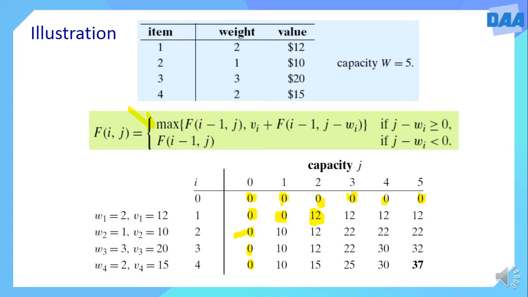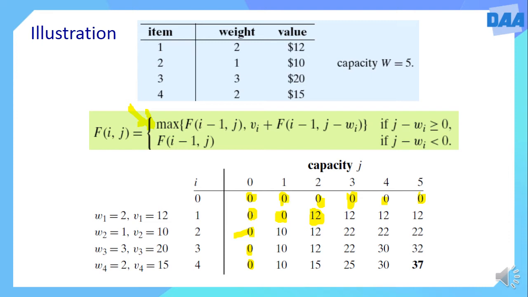Moving on, next we have f of 1,3. The first item, the capacity of the knapsack is 3. Definitely the weight of the item is less than the capacity, so we need to go ahead with the first condition. Find the maximum of f of i minus 1, j, which is the previous value, 0, and vi, that is 12, plus f of i minus 1, j minus wi, 3 minus 2, that is 1.